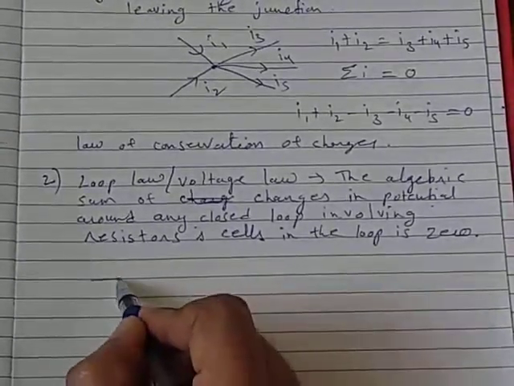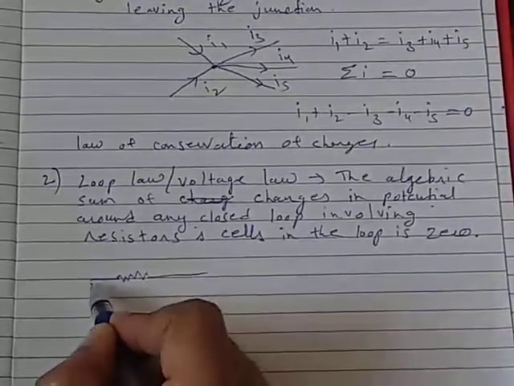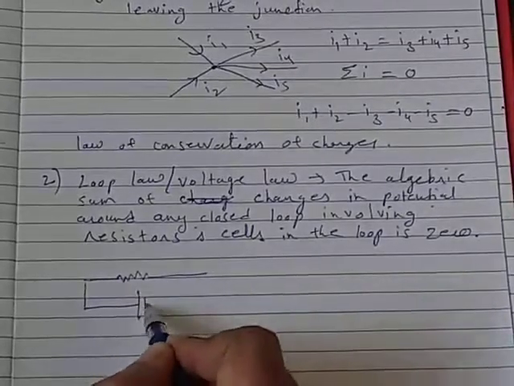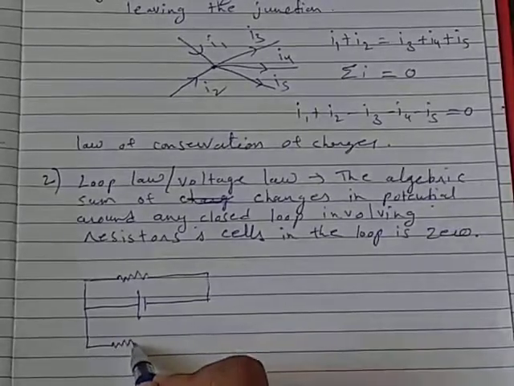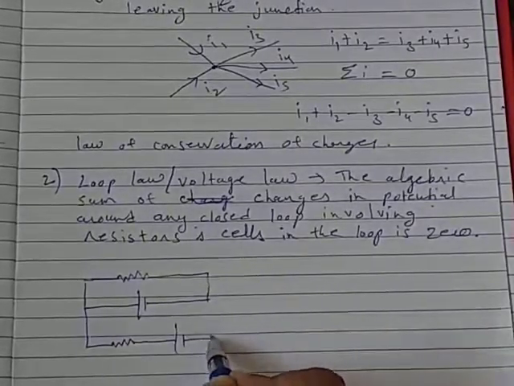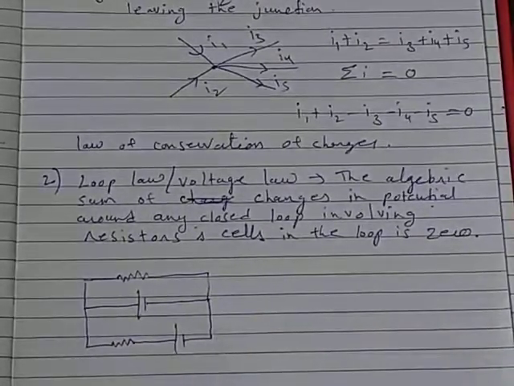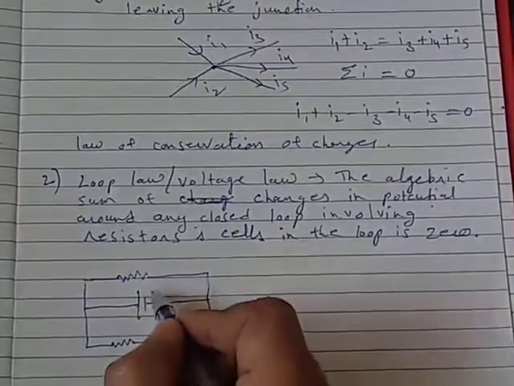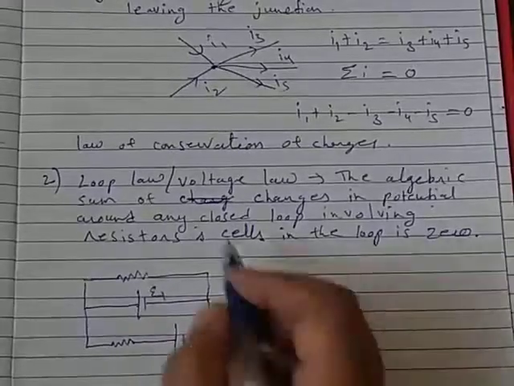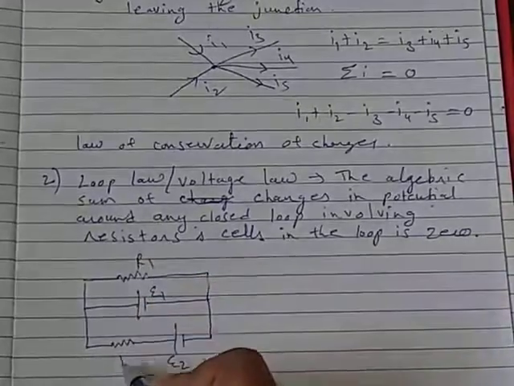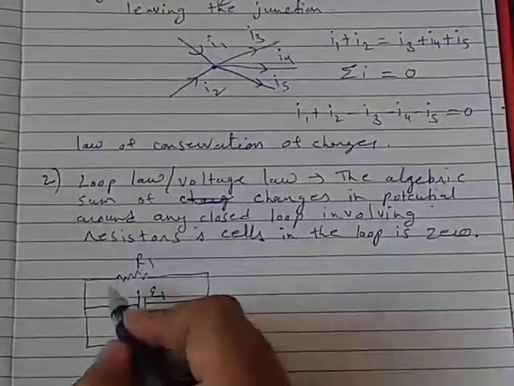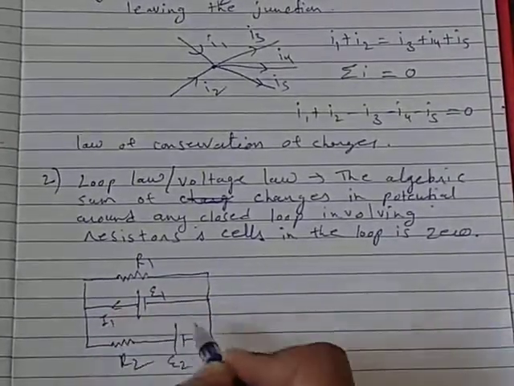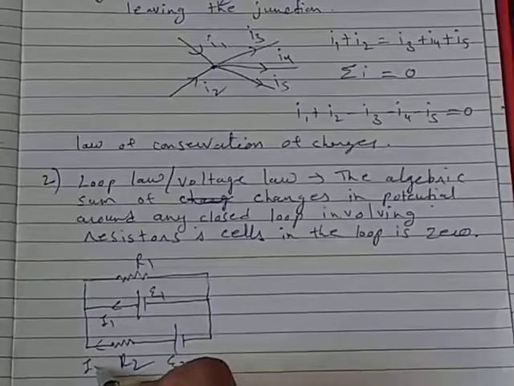Here you have one resistor and one battery, here you have one more resistor and one battery. This is EMF E1, this is E2, this is R1, this is R2, the resistances. Suppose from E1 the current I1 is going, and from E2 the current I2 is going.